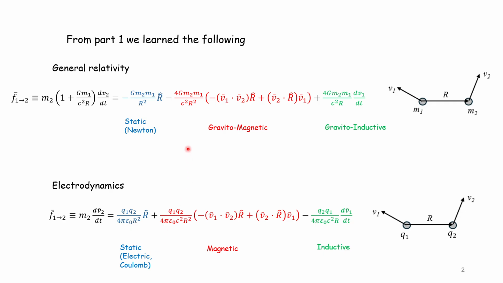This means that we can take over the calculational methods that we have learned from electrodynamics to general relativity. We make some obvious replacement of the sign of the terms, and also this spurious factor 4 we have here in gravitation. Nobody knows where it comes from. Anyone is welcome to do research on that interesting factor.